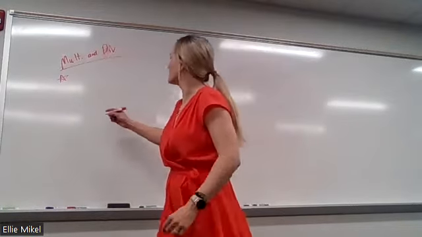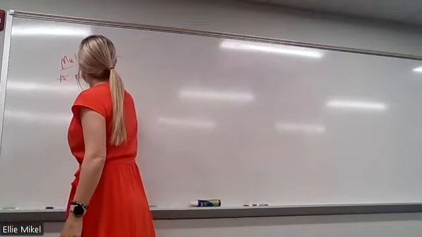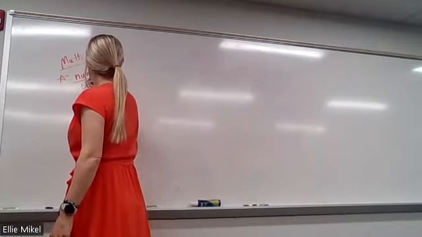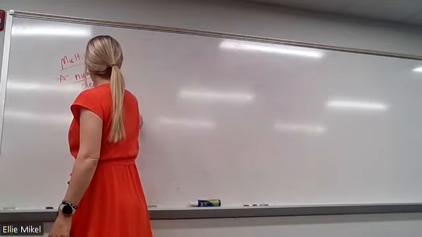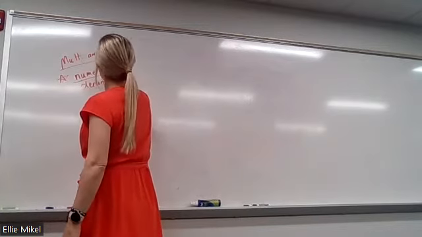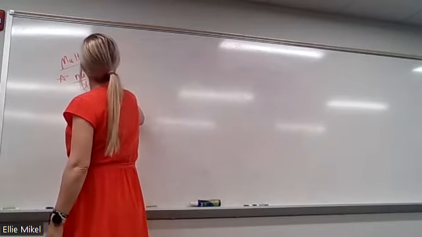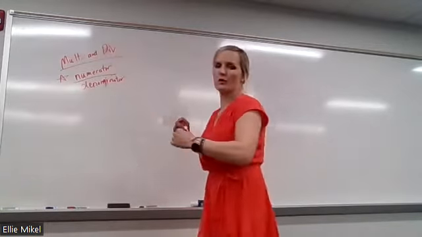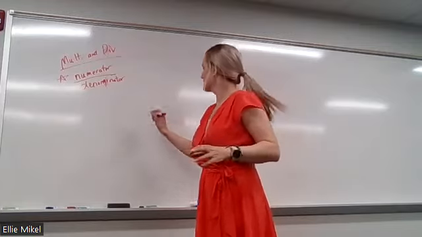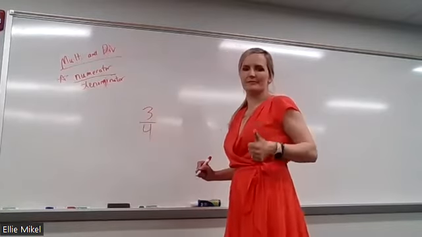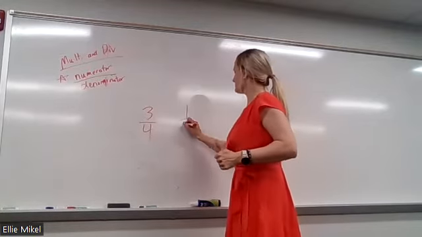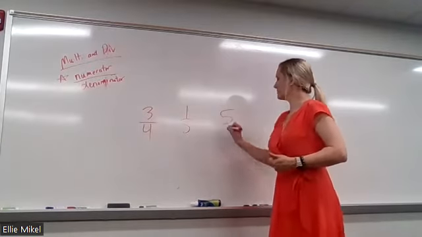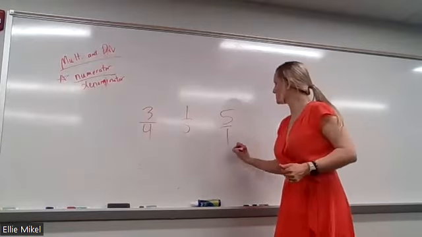Here, your first step is making sure we are in numerator over denominator form. It has to be in that form. This fraction, good. It's in numerator denominator form. This fraction, good. The whole number, all we're going to do, remember, is put it over 1.